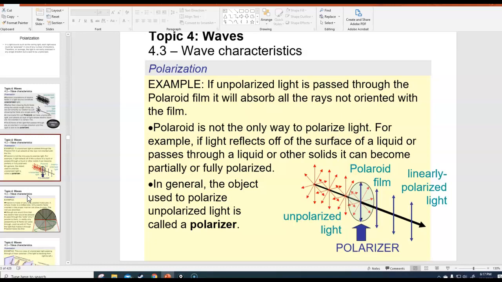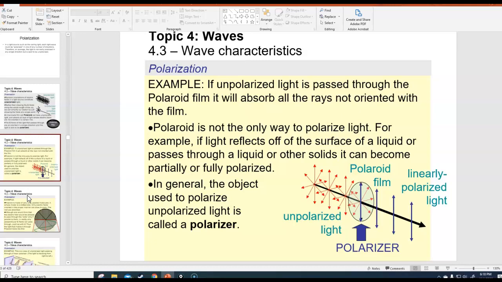Again, I cannot emphasize this is not the only way to polarize light. You do also need to be aware that light that reflects off of certain surfaces can become polarized. That's how polarized sunglasses work. They reduce glare because if you're looking at the concrete on a hot day and there's a bunch of glare on the road and you're driving and it's hard to see, what happens is the sunlight that hits the road becomes polarized as it reflects off the road.